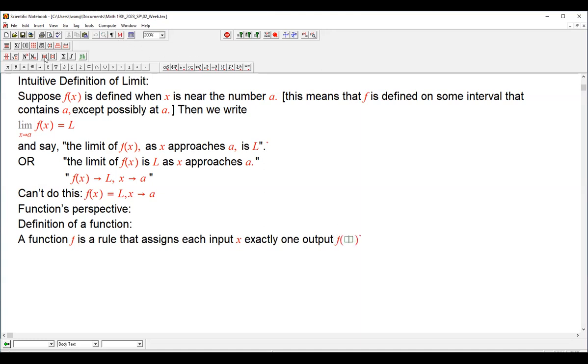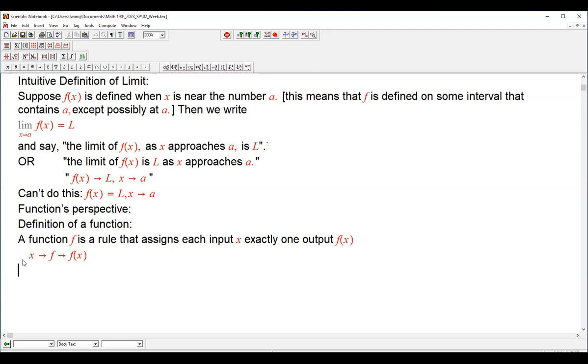And we know that according to the rule, we will have domain and range. If we draw a picture of how it works, x is the input, and there's a function here. It produces an output. The output is f of x. So what does it mean that x is approaching a?